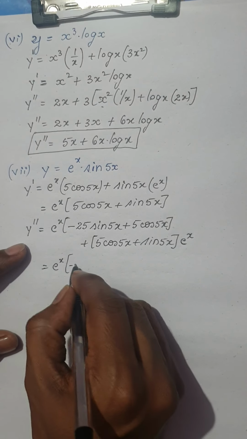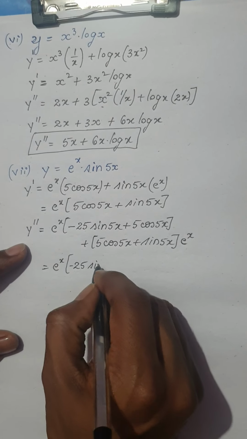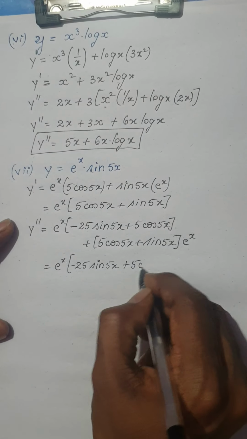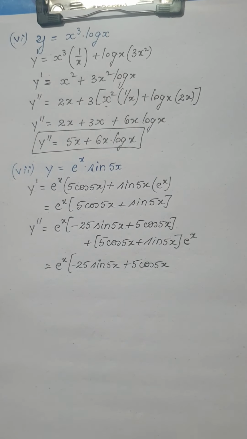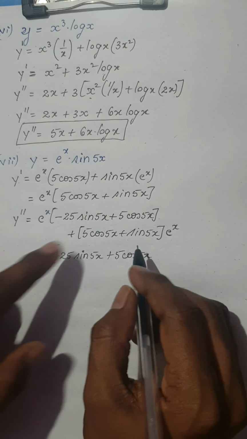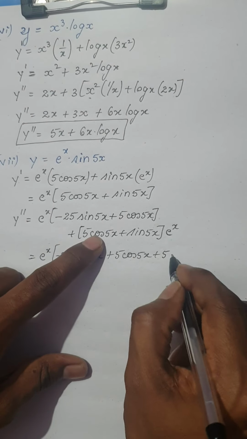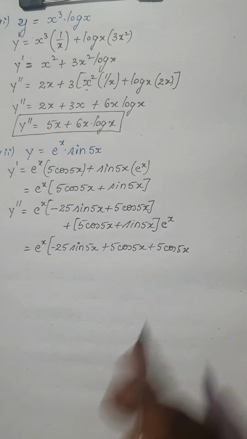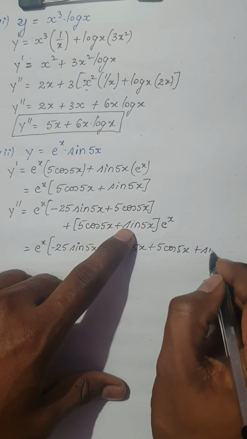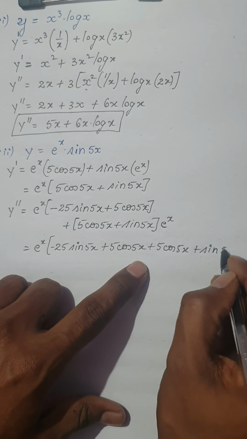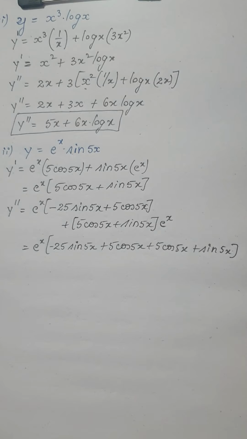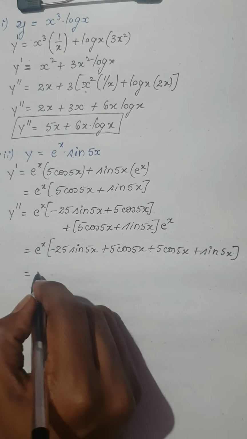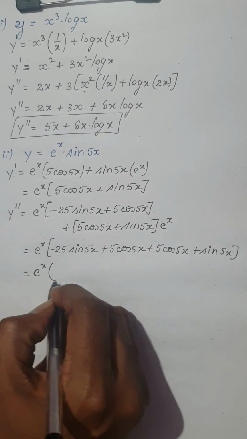So I have minus 25 sine 5x, isn't it? Plus 5 cos 5x. Next, plus 5 cos 5x. Finally plus sine 5x, isn't it? So now simplify this. e power x is common, let me keep it outside.